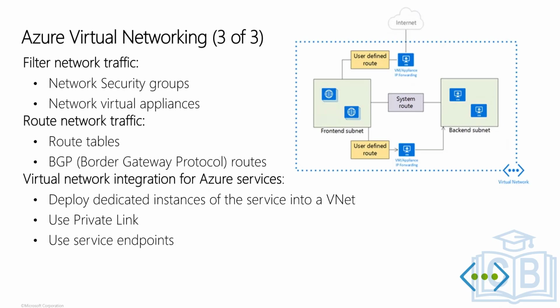If you look at your virtual networking, I already mentioned the options available. For filtering your network traffic, which source IP addresses can communicate with which destination IP addresses, all those things will be part of your network security group.